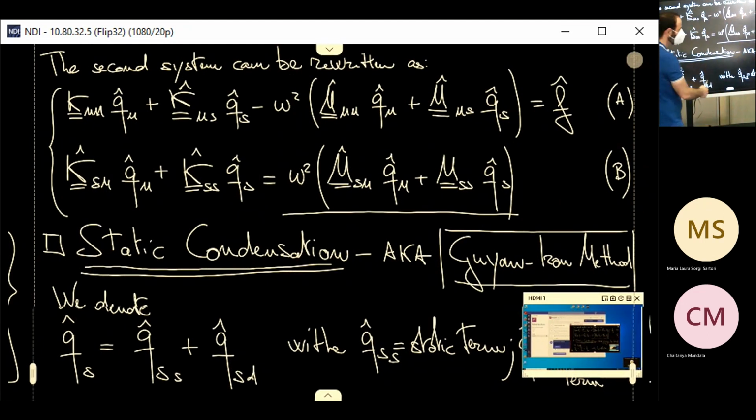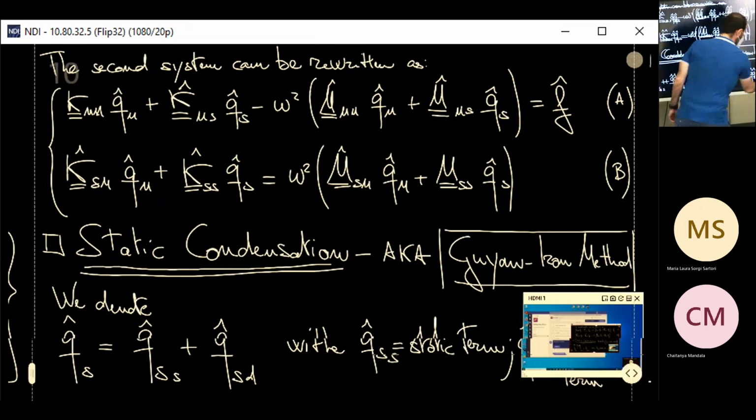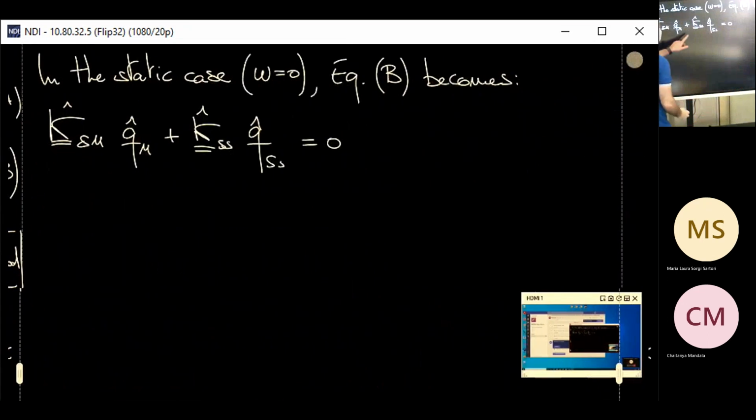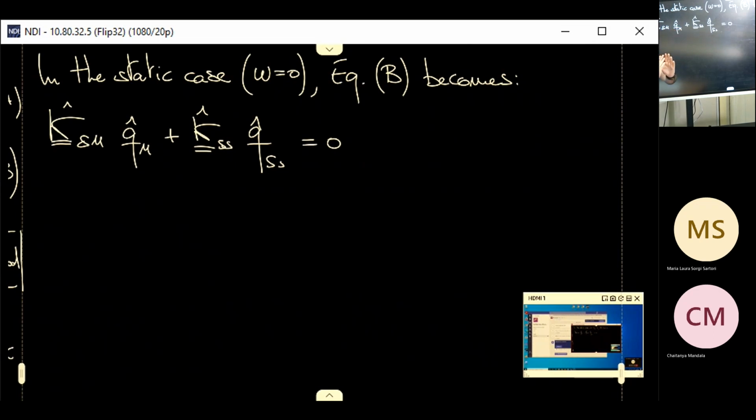Okay, you have this one. Why did I do that? Because using this equation, I can resort to an equation which gives me a link between the master and the static part of the slave. Okay. Remember that my goal here is to build a relationship which connects the reduced vector and the original vector of coordinates. So here I'm just already building up a relationship between the static part of the slave and the master. Okay.